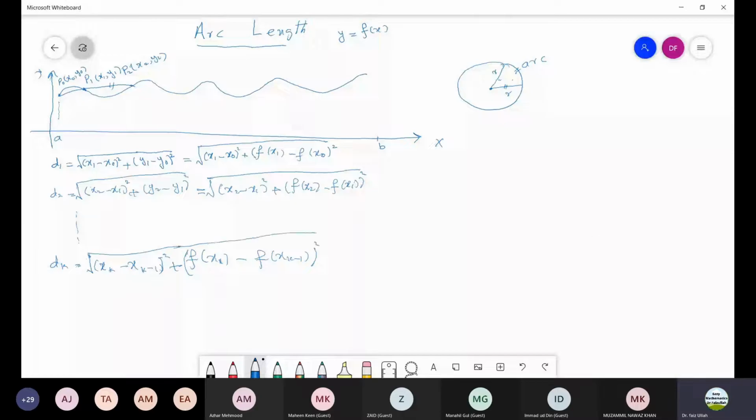So in the next procedure, we need to add all of these distances. So we can find the whole distance d. The whole distance d is equal to d1 plus d2 and plus up to dk.